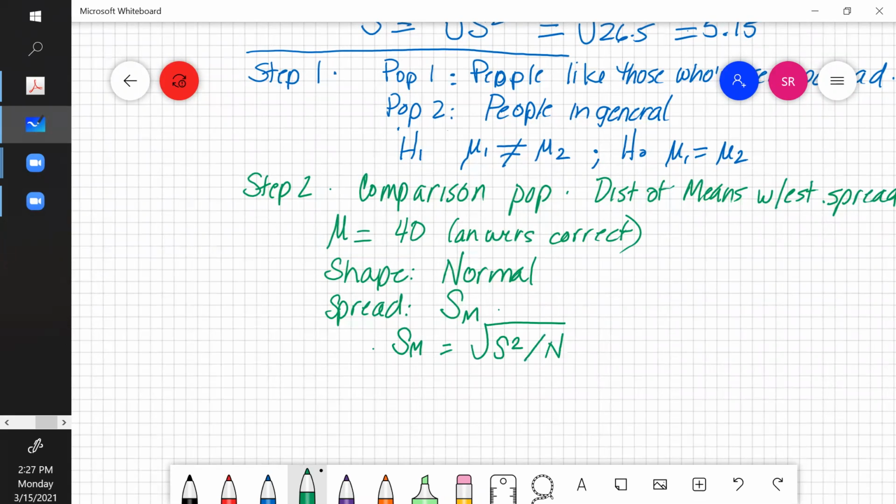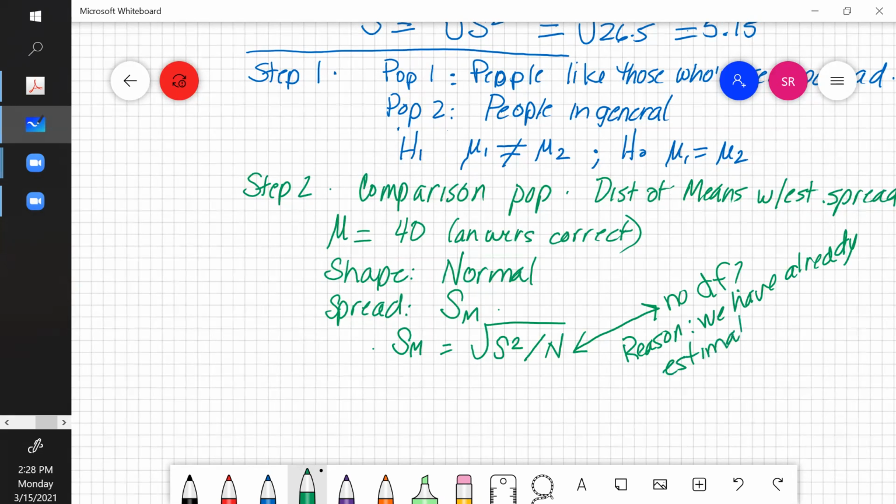You might be asking, why aren't we doing degrees of freedom here? The reason is because we have already estimated. We did that when we figured out the standard deviation for the population of individuals. The only time we need to use degrees of freedom is when we are estimating, and we only estimate one time.